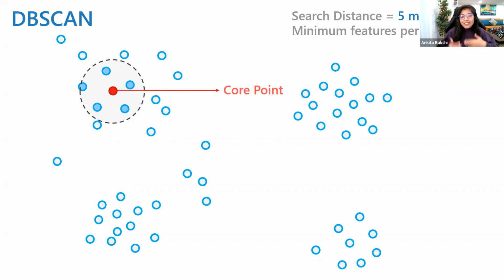The way the algorithm progresses is that for each core point, it will add that core point and the points around it into a cluster. So these points are now a cluster. To grow the cluster, the algorithm will take a neighbor of the core point and do the same analysis.